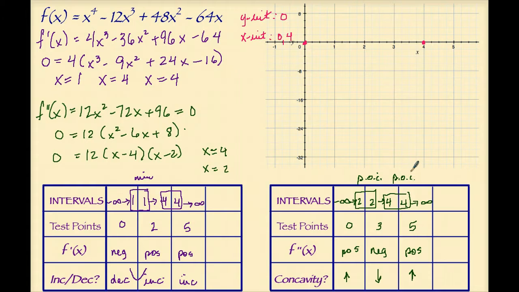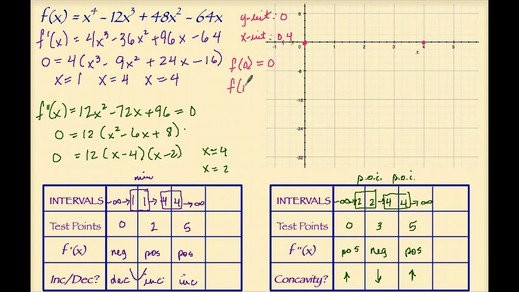Now, before we start graphing, we should definitely find some important function values here. We should find out what the function value is at 1, the function value is at 4, and the function value is at 2. This will give us at least some touchstones when we're graphing. We have, of course, the function value at 0, which was a y and an x-intercept. F of 0 equals 0.